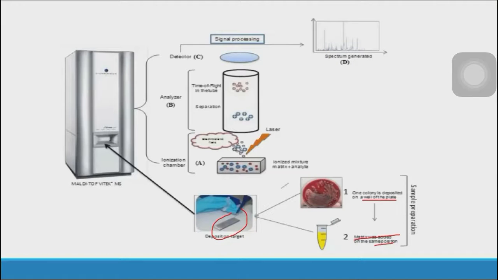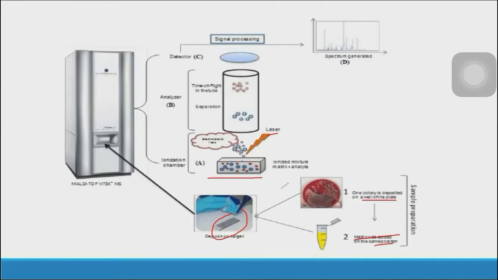Okay, so after that, the isolated colony here is being put in this ionization chamber. Ano nangyayari sa ionization chamber? The sample or the isolated colony is irradiated with laser, and that subjection with laser generates ions from the proteins present in the sample.